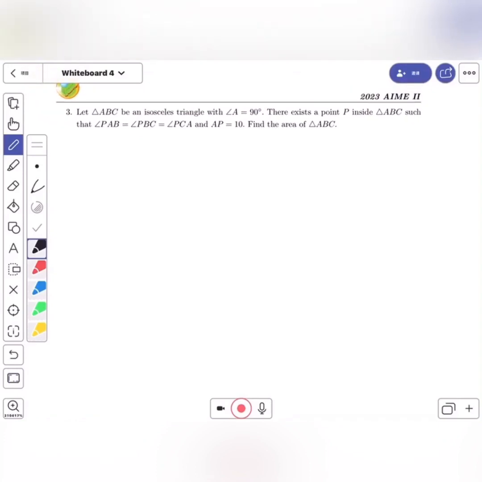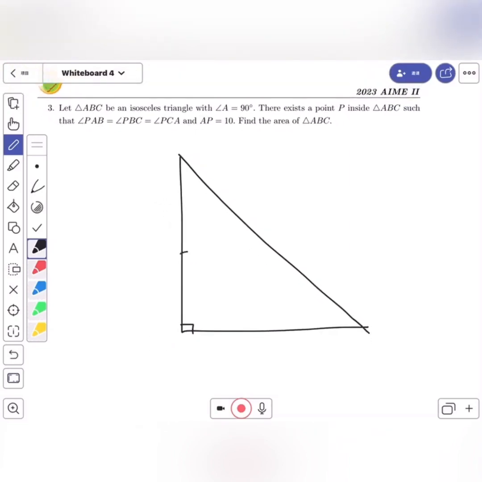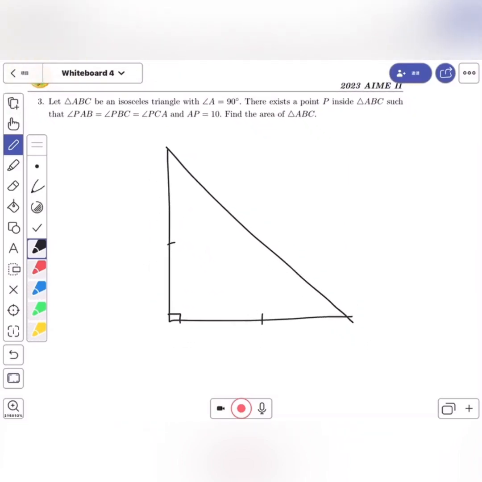Okay. Now we always start with a diagram. Okay, and we know that these two are equal given by the problem statement.